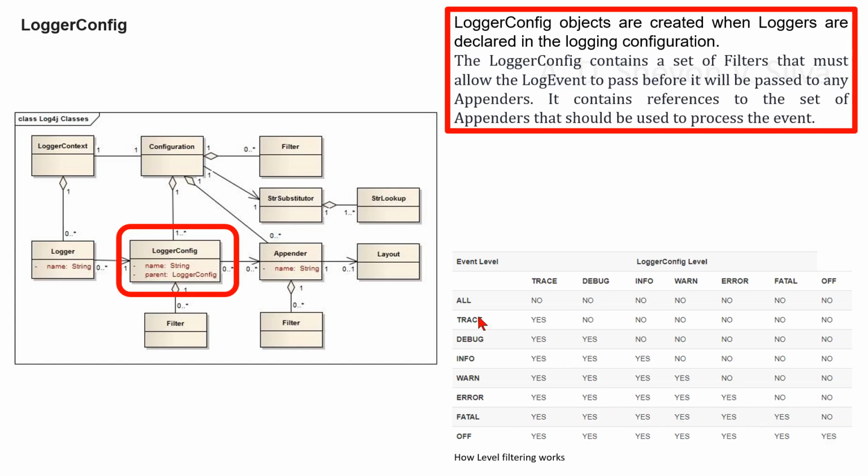The off and all levels are not intended to be used on calls to the logging API. Specifying off in the configuration implies no logging events should match, while specifying all would mean all events match, including custom events.